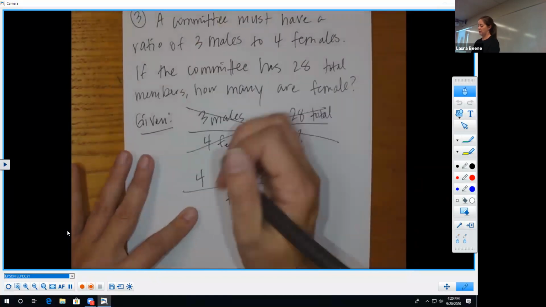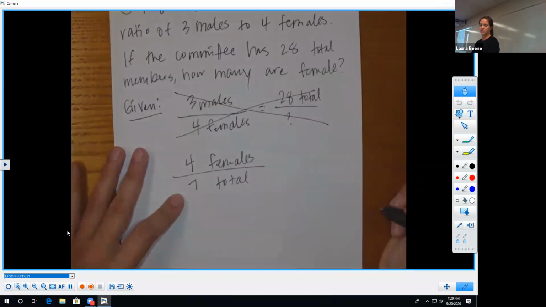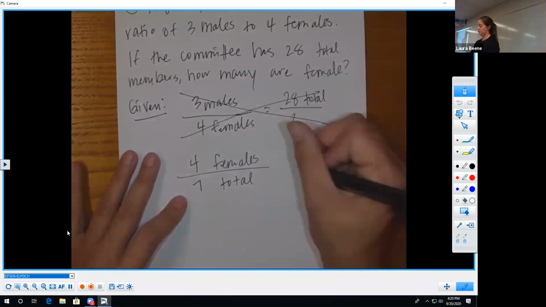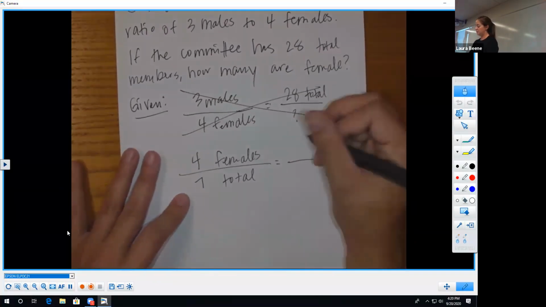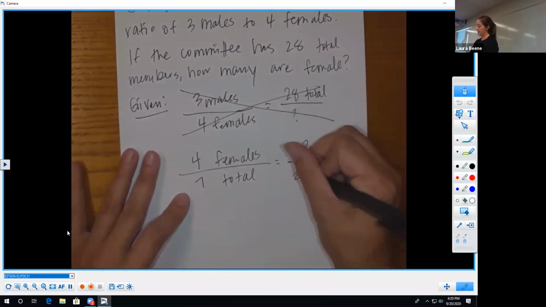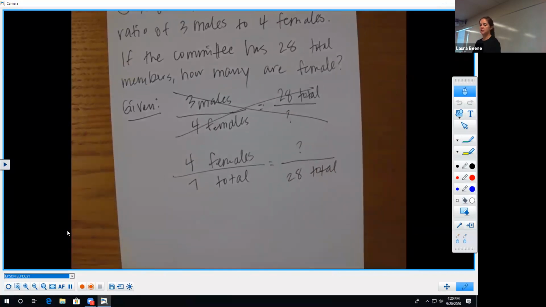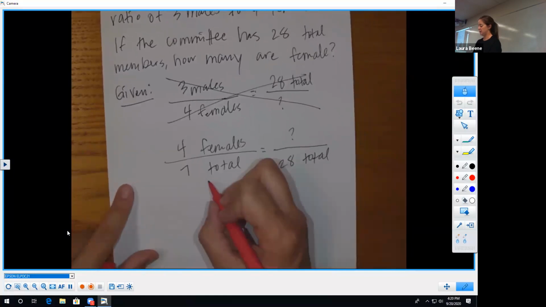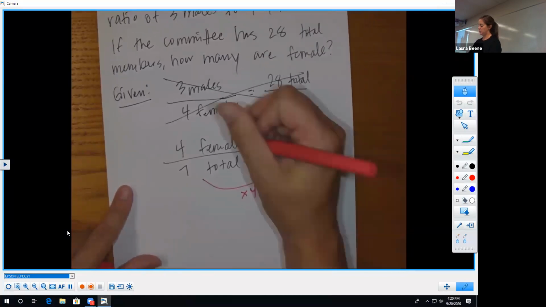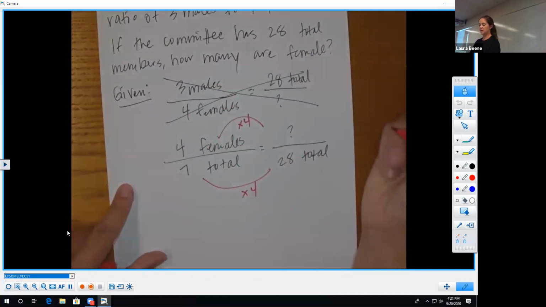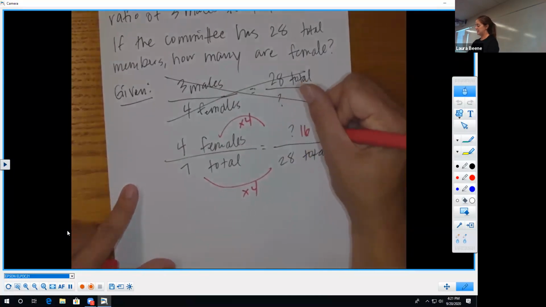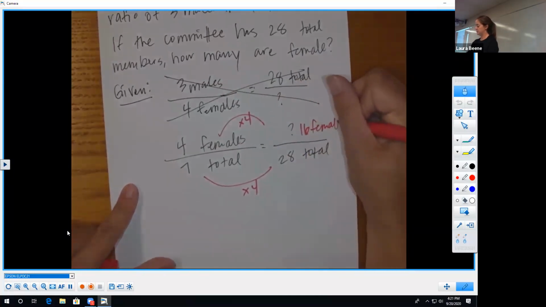Well, 3 plus 4 is 7. So that's the original ratio that you use. I'm looking for how many females for 28 total members. And that's a much easier problem where you can actually do it. 7 times 4 is 28, so I need to multiply by 4 on top also, and that is 16 females.